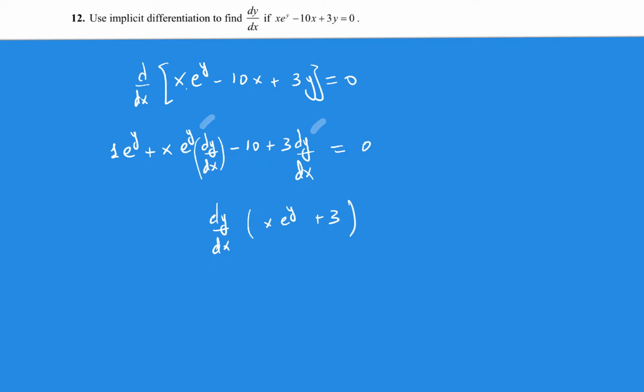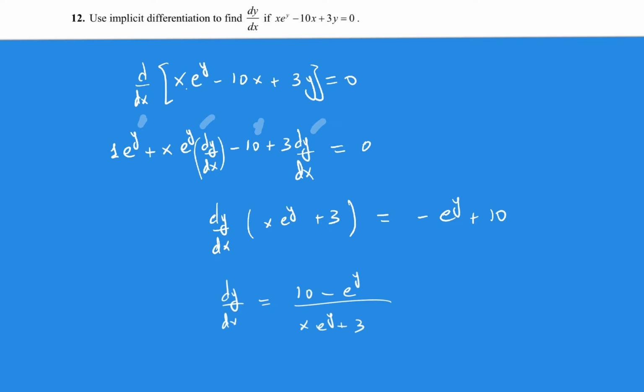Okay, so minus e to the y plus 10. I have sent this term to the other side and this term to the other side. So now I have dy/dx. So dy/dx is 10 minus e to the y divided by x e to the y plus 3.